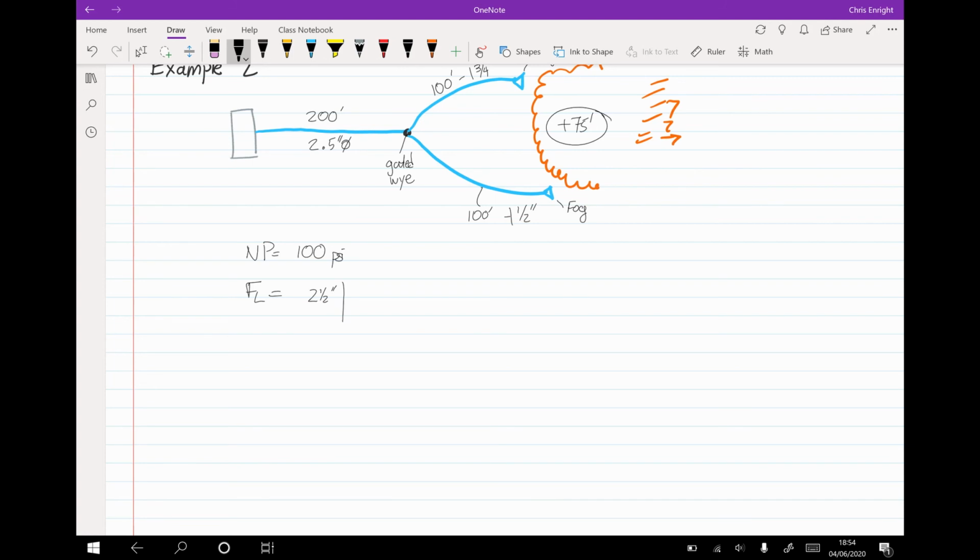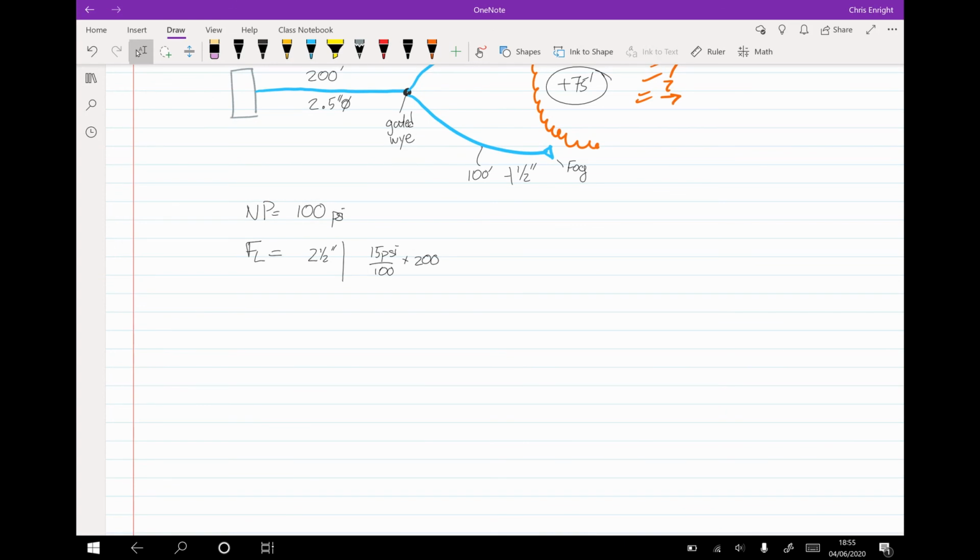We'll just use the easy one and say it's 15 psi per 100 foot. And it's 200 feet long. And then we're going to look at the 1.5 inches. This is further down.